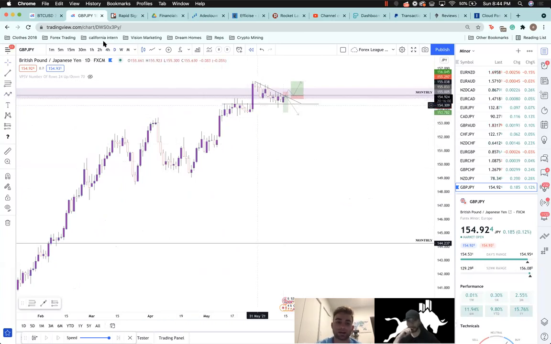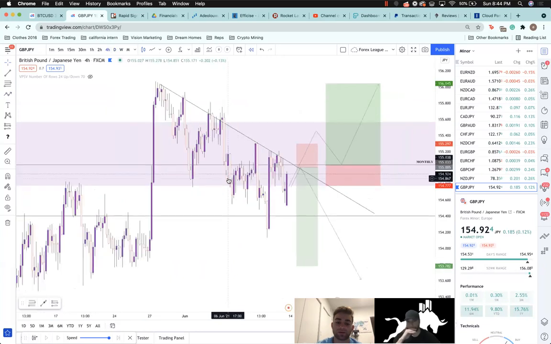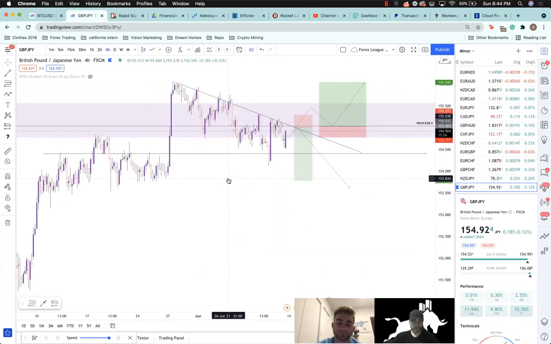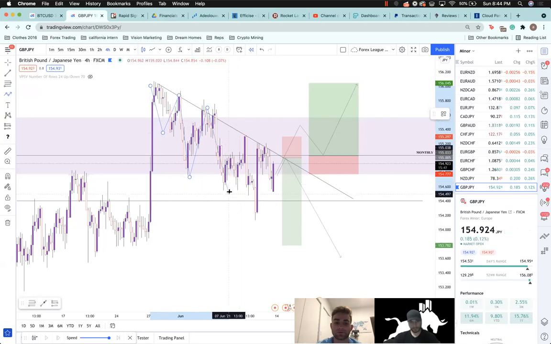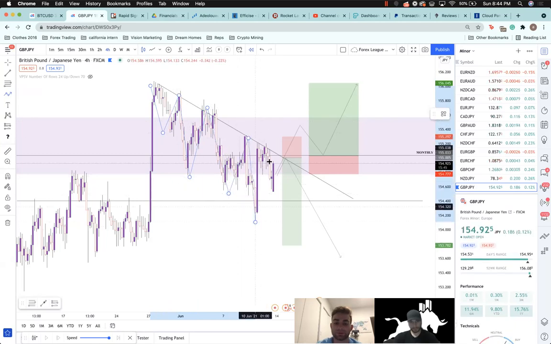Now we're pulling back. And then coming into the 4-hour, I've got a few things going on here. Price is in a downtrend. We're forming these lower lows, lower highs over and over again. Boom, we just formed another one right here. So I'm looking for this thing to shoot to the downside.